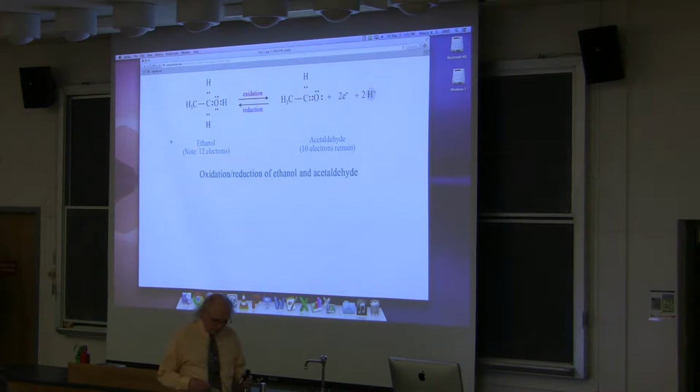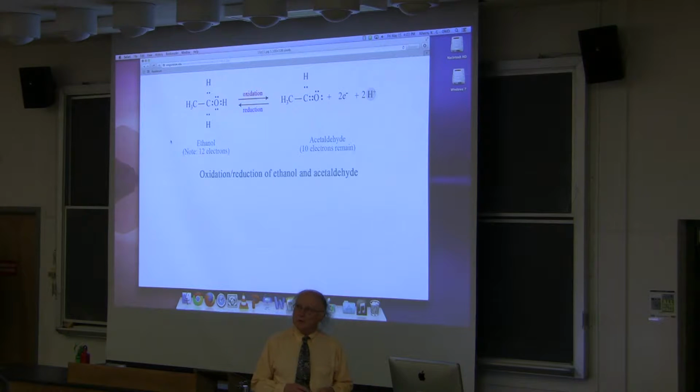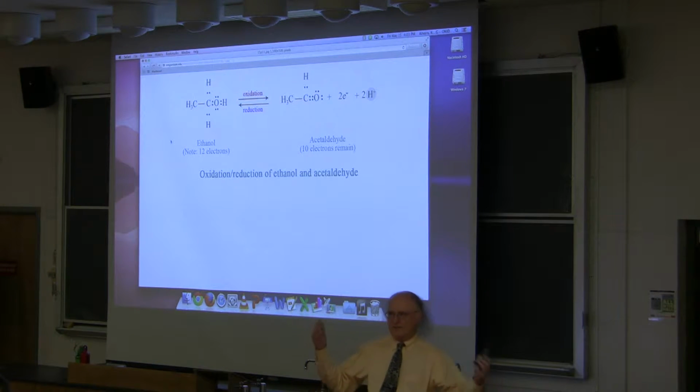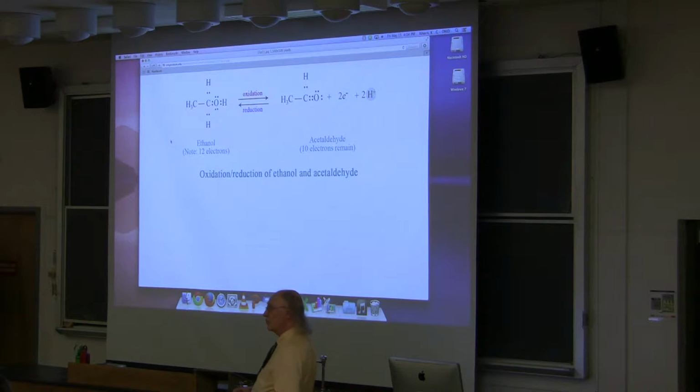As I've mentioned in class earlier, electrons are reactive. Electrons aren't things you want floating around uncontrolled, and so that's for that reason that we have the electron carriers that I talked about in class.